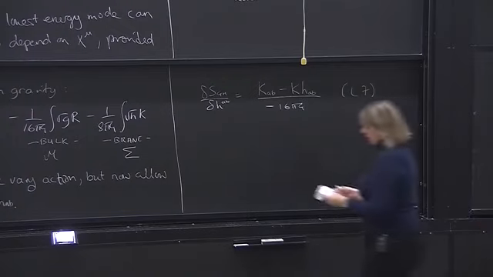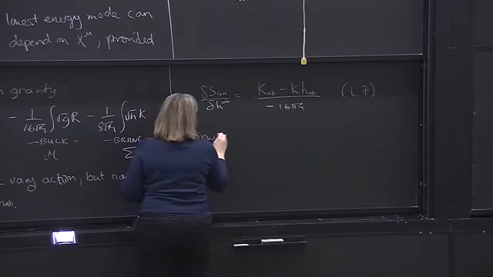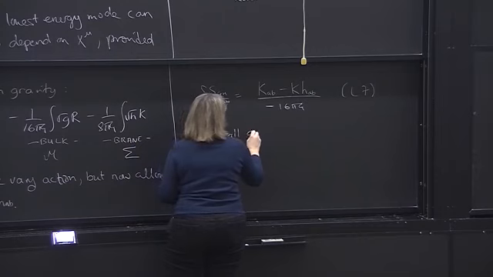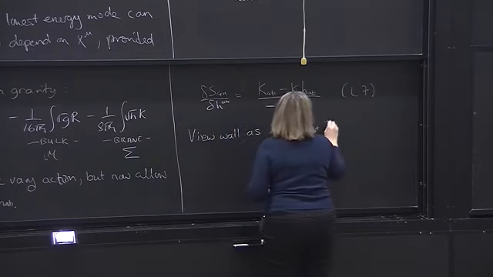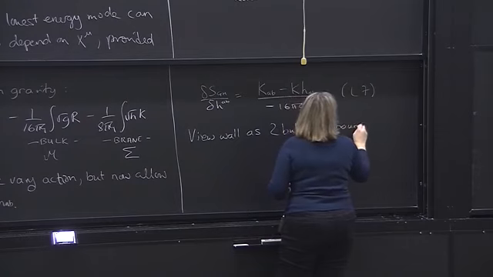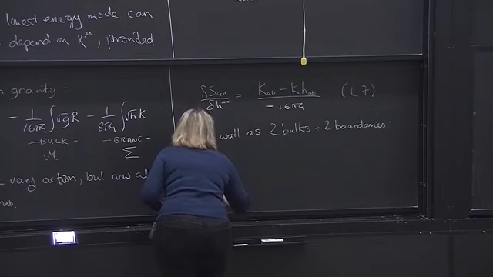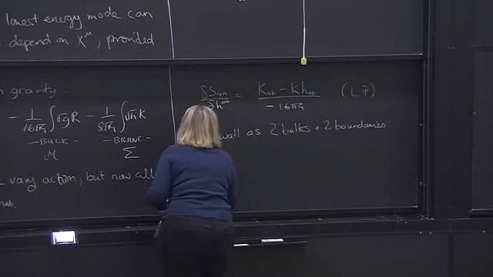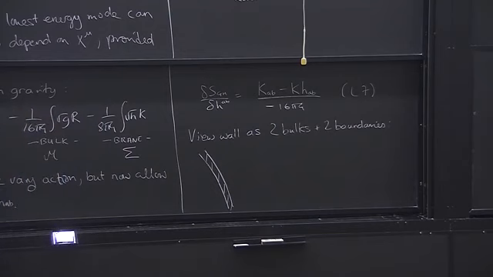And so if we view our wall, if I focus in on my wall, let's say this is my wall. I imagine it should have finite thickness, but I'm going to try and describe it with zero thickness.